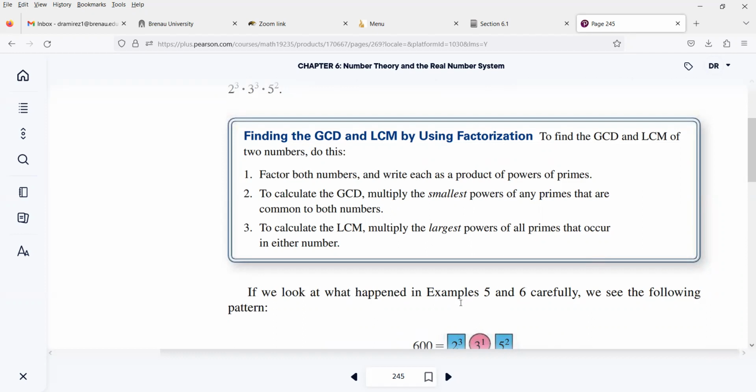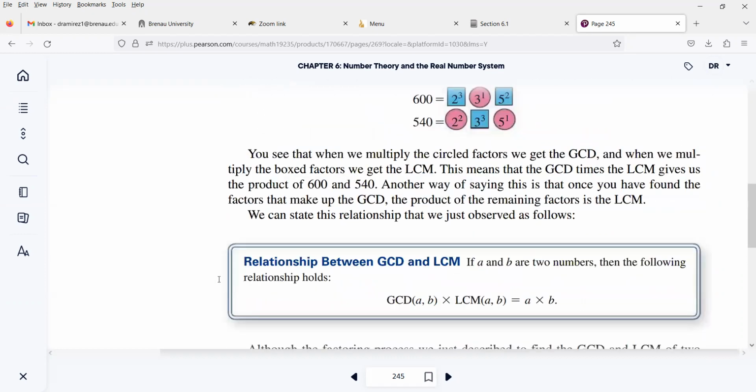Well, actually, not yet. I'm going to give you the following relationship between the least common multiple and the greatest common divisor.